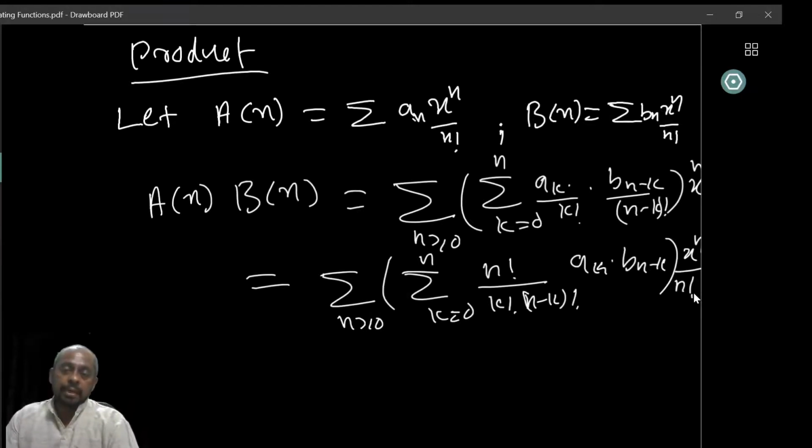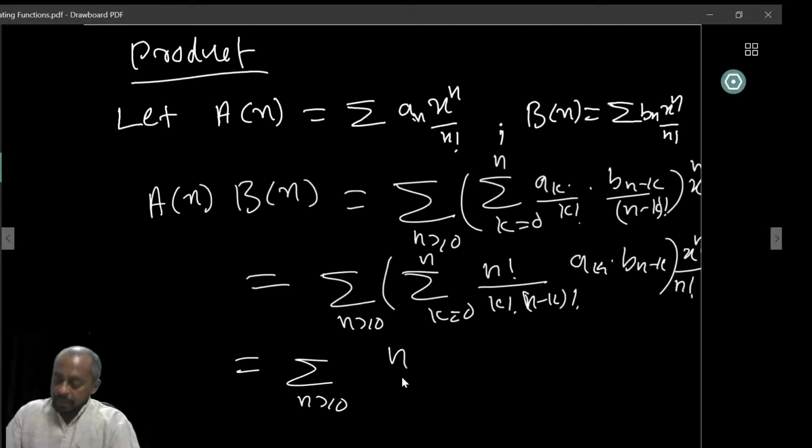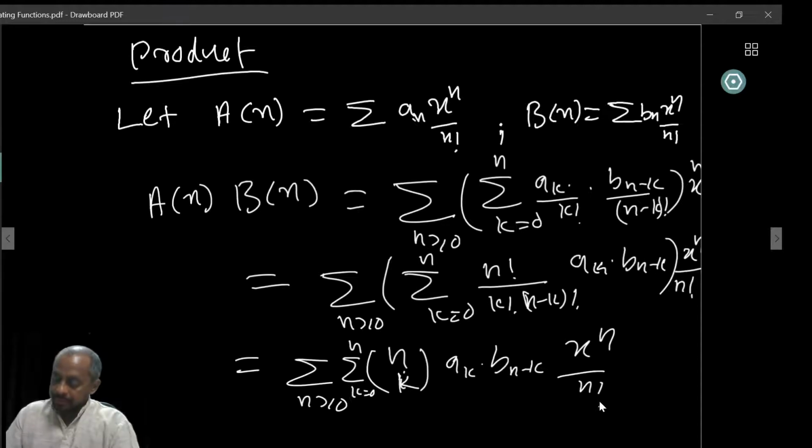Because we want to get it in the form of an exponential generating function. Now, this is basically the summation over n of the summation k equal to 0 to n of n choose k, which is n factorial by k factorial (n minus k) factorial, times a_k into b_(n minus k), x raised to n by n factorial.